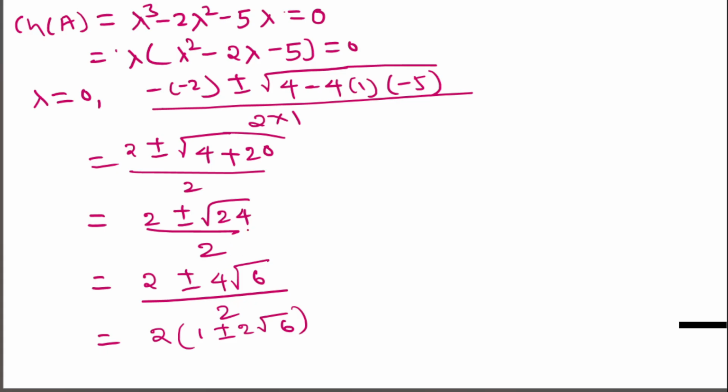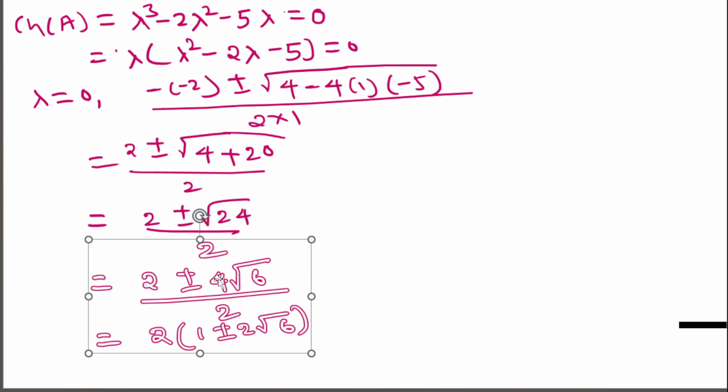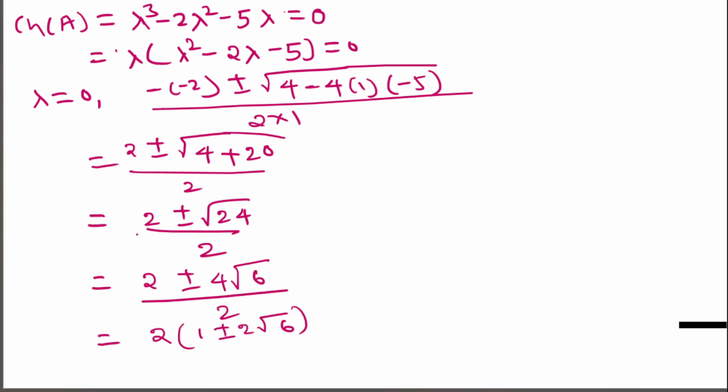Root 24 can be written as 2 root 6. When we take 2 as common and divide by 2, the 2s cancel, and its roots are 1 plus or minus root 6.